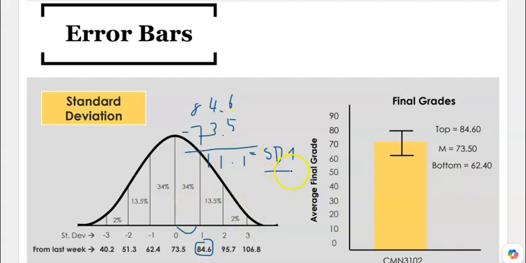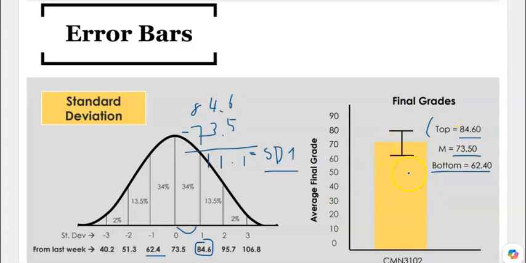That is one standard deviation range. Then from the mean of 73.50 you subtract 11.1, which becomes 62.4. So that is the bottom. You can put that as the error bar range: the top is 84.6, and the bottom is 62.40. So this is their range.